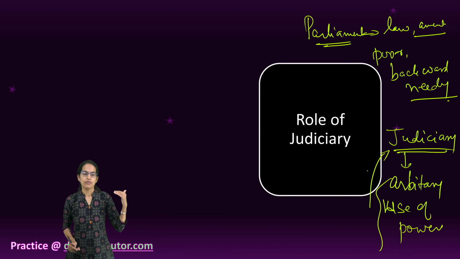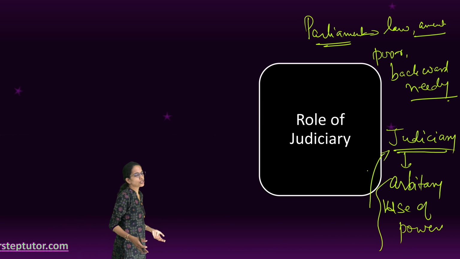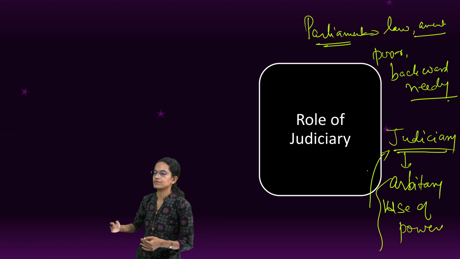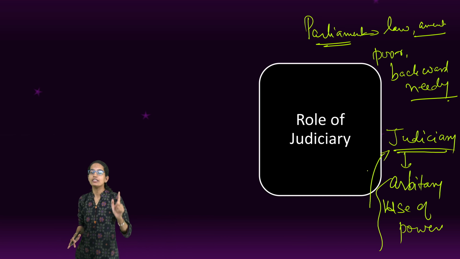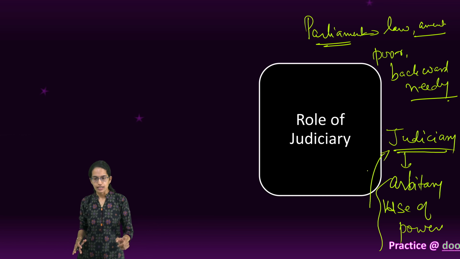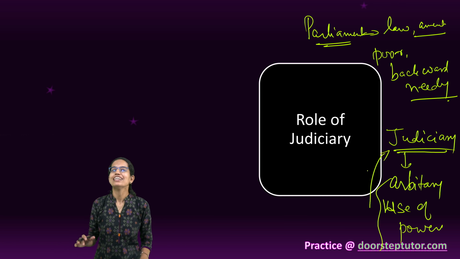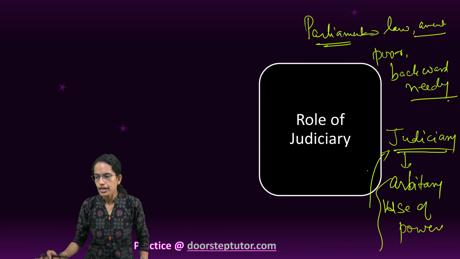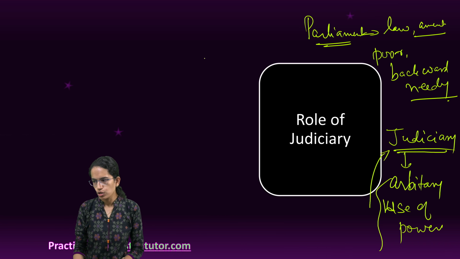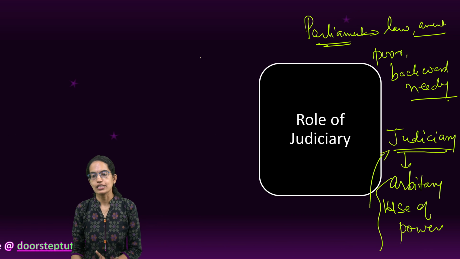So parliament frames the laws, amends them, makes sure that the poor, the needy, the backward get the rights. But who checks that the power is not used arbitrarily? It's the judiciary that checks that power is not used arbitrarily. Now, again, the court came to a conclusion in reading the text of the document.